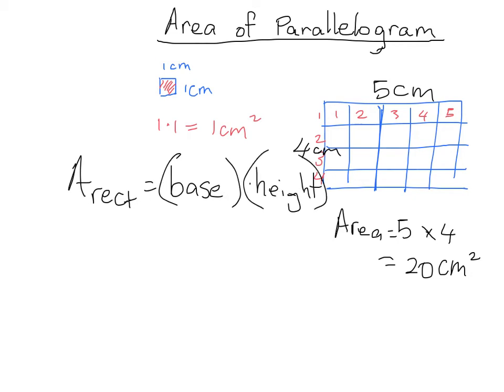All right, so let's stretch our knowledge a little bit further. Now we're actually looking at a parallelogram that's not a rectangle, and my argument is that the area is still going to be base times height. So why would I say that? Well, as we can see here, we have 2 parallel sides.